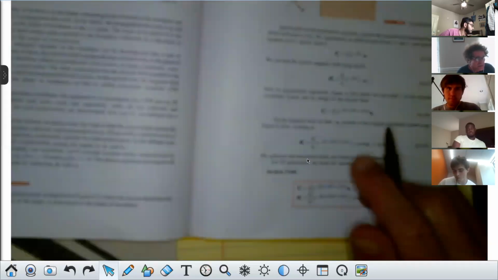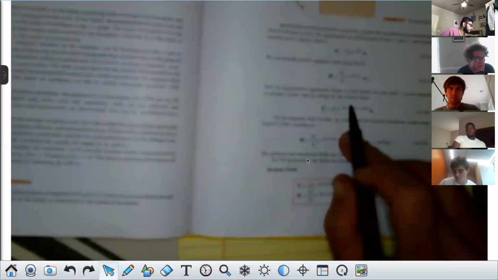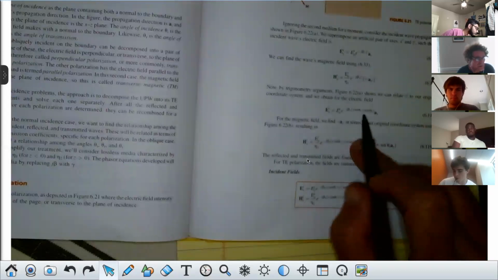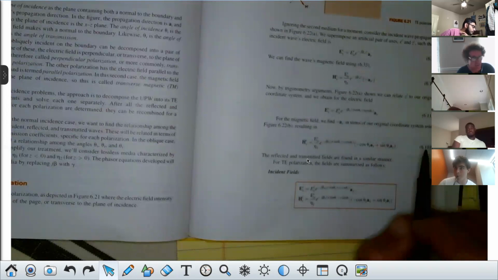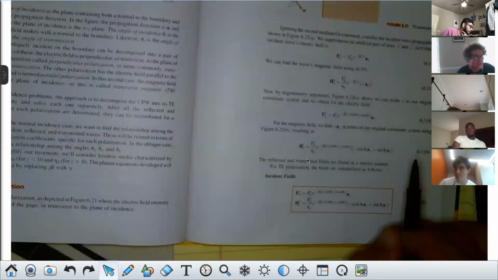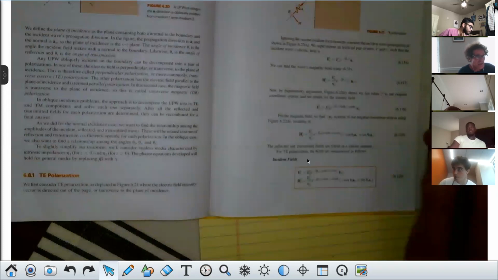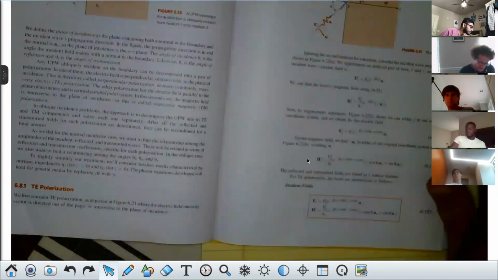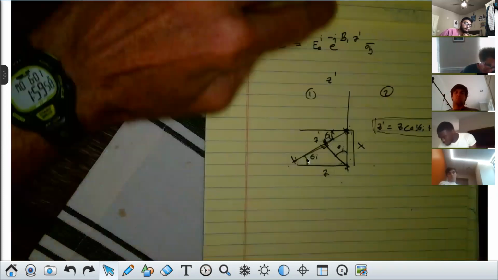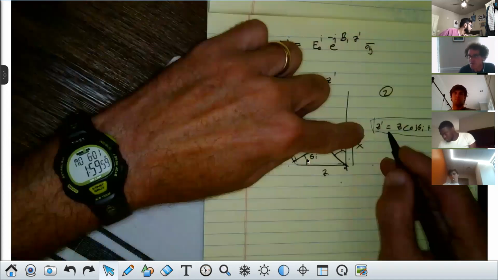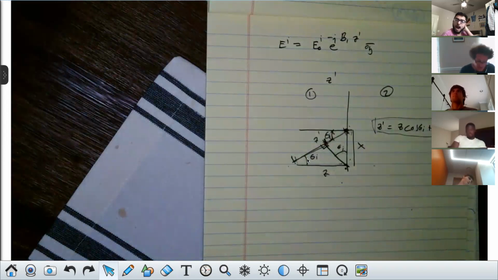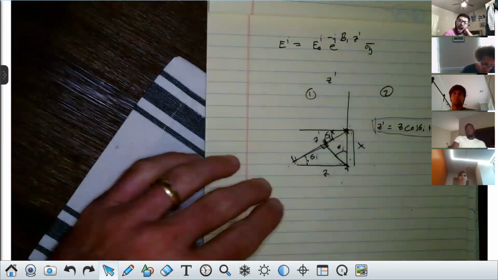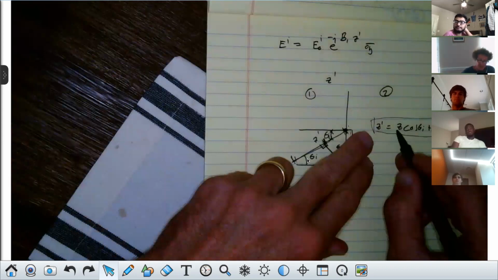Hold on. x sine theta plus z cosine theta in 6118. Can you all see that if you have your books? So what he's doing now is he's using this z prime for his z. He's basically adjusting it. This is the thing that indicates the direction of propagation.